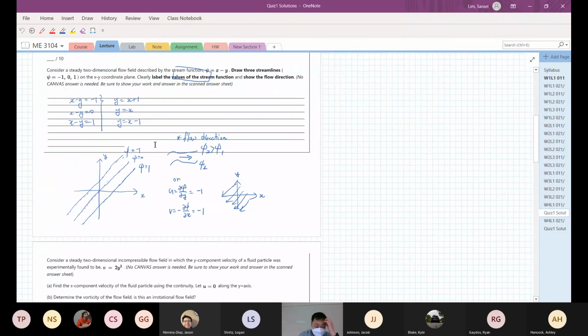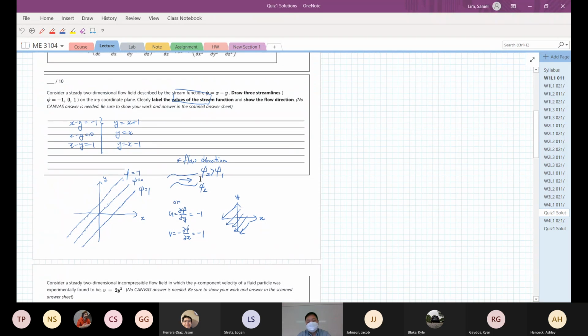Just one thing I want to mention for the stream function is the direction of the flow. I know it's not that obvious. It's not straightforward when you just look at the directions. If you can find the directions out of the numbers of the stream function, that's fine. But if not, you can always find u and v, the x and y components of the velocity.